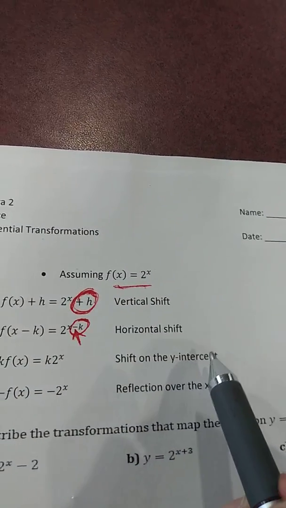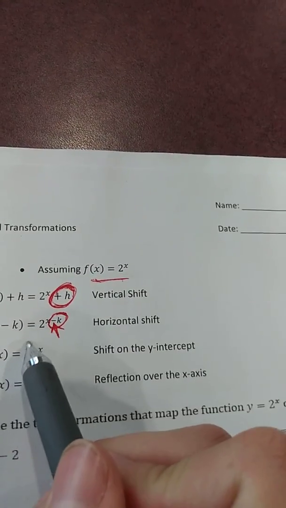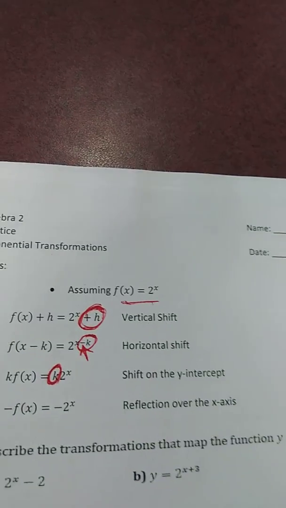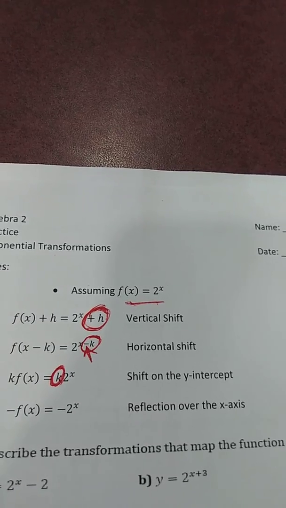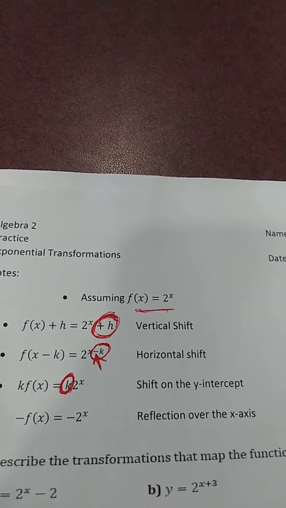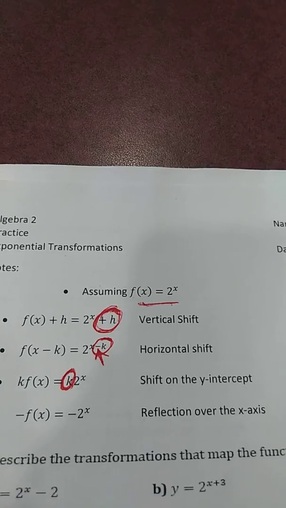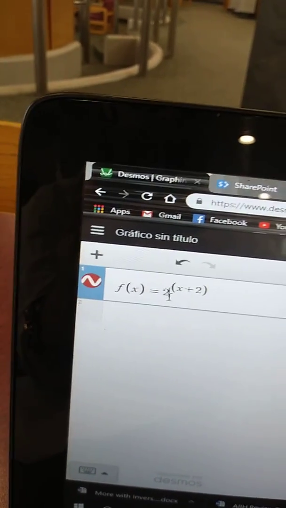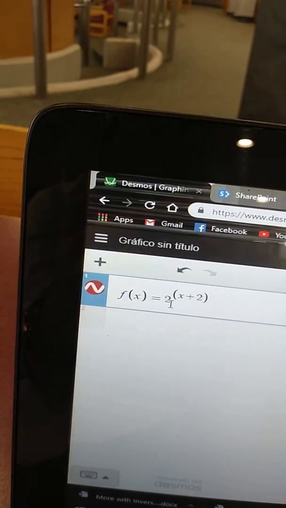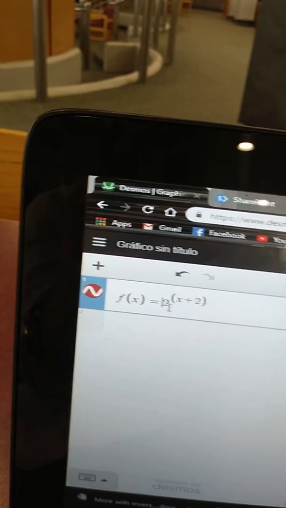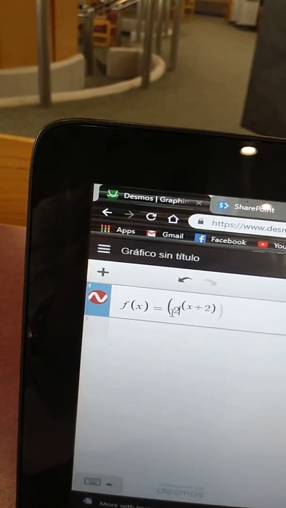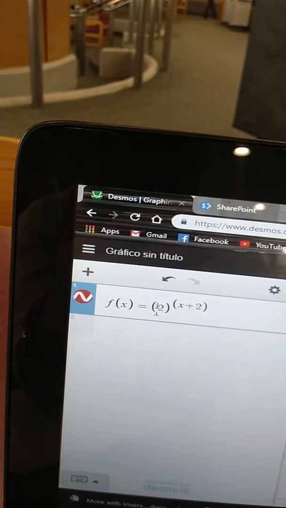And we have one more. A shift on the y-intercept. Pretty much whatever this number is, this will be a shift on the y-intercept. Let's keep using the 2. Let me open parentheses 4 times, because the decimal interprets it this way.